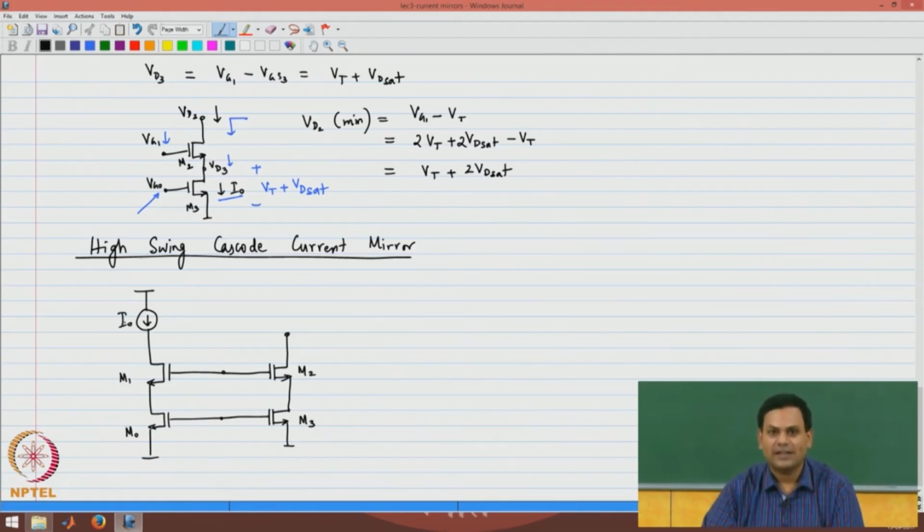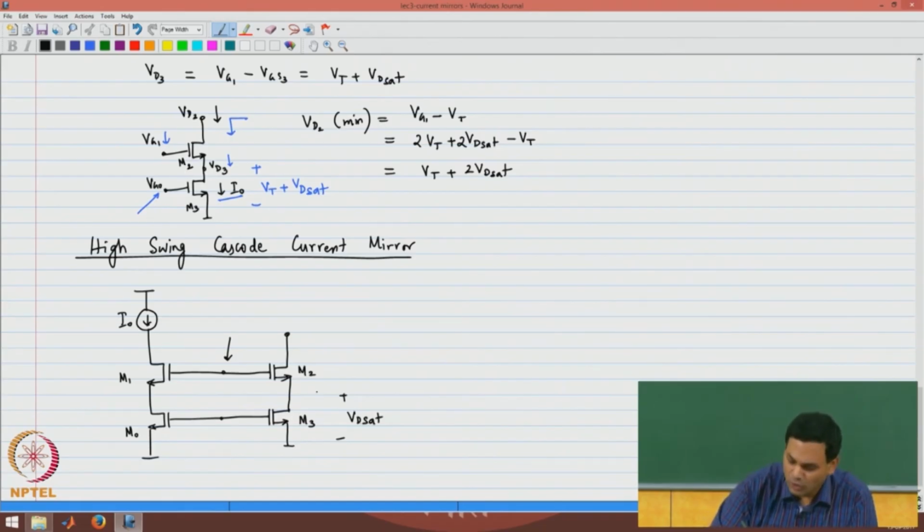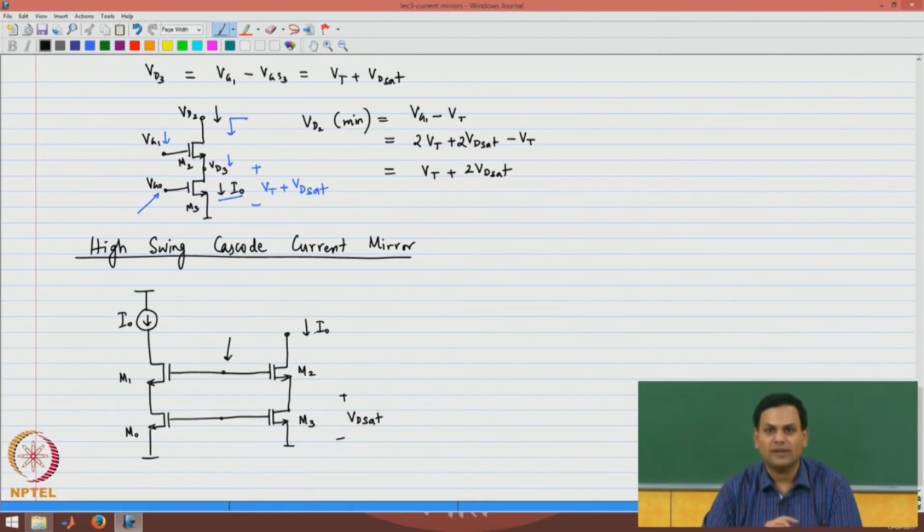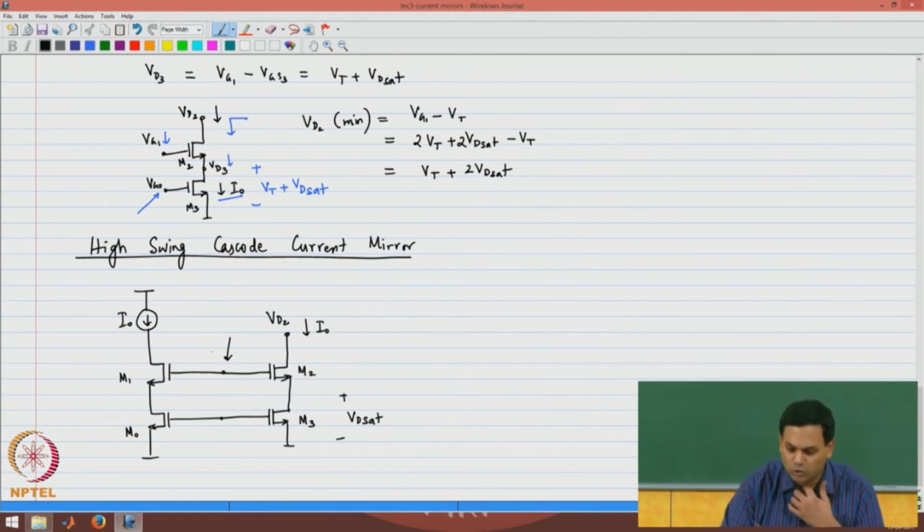So, the first thing I need to do is I want this to be biased low enough such that the drain source voltage across M3 is only equal to Vd sat. Number 2, I want a current I0 to be drawn from the output. So, I want good mirroring action. I want Vd2 to be as low as possible, to be able to swing as low as possible. So, to do that we are going to use a different feedback connection.